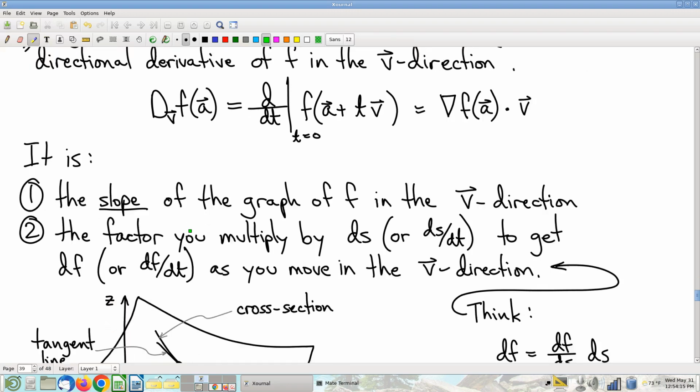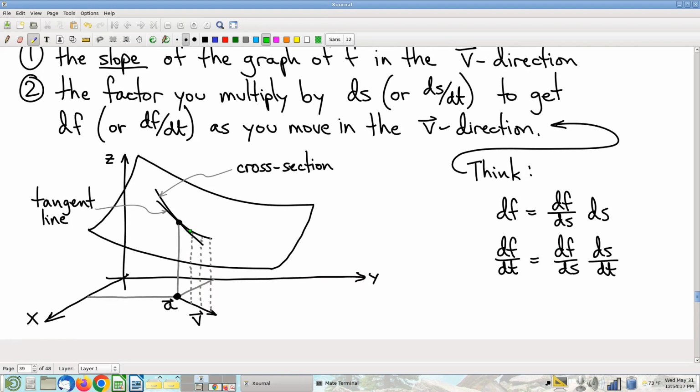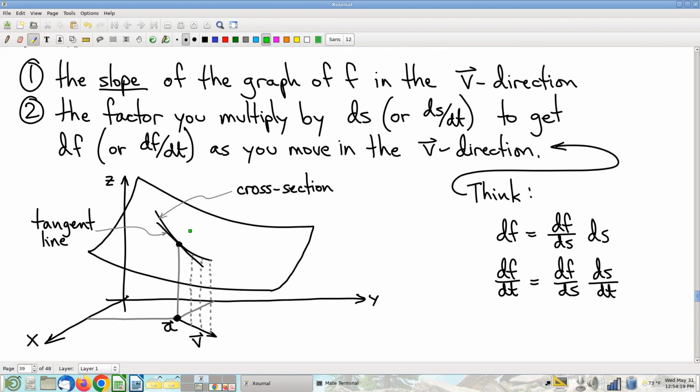Okay, now real quick, I want to give you a picture. Slope of the graph in the V direction, let's talk about that.